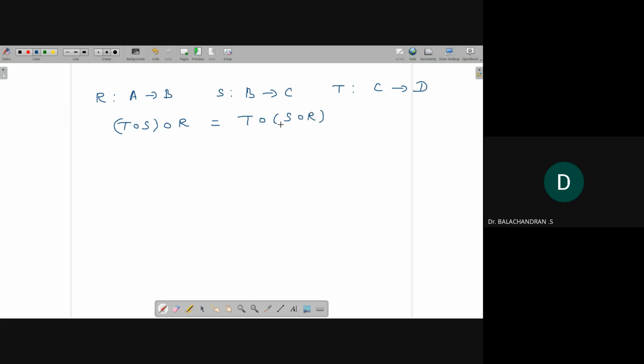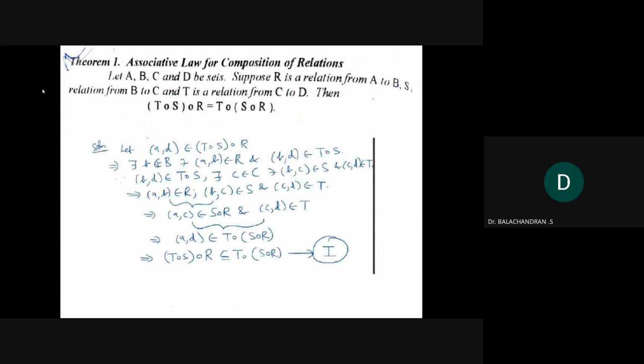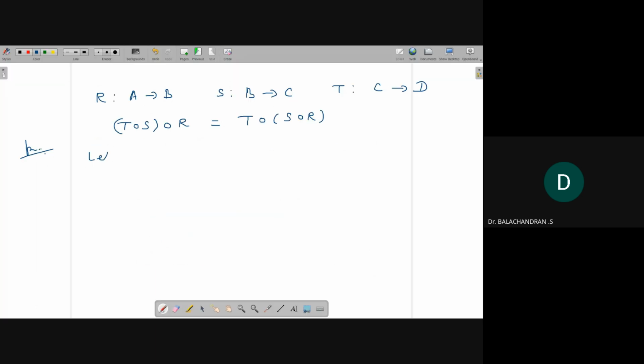Now I'll take some arbitrary element from the left hand side. Let us take (a, d) in the left hand side, T composition S composition R. So first here I should apply what?